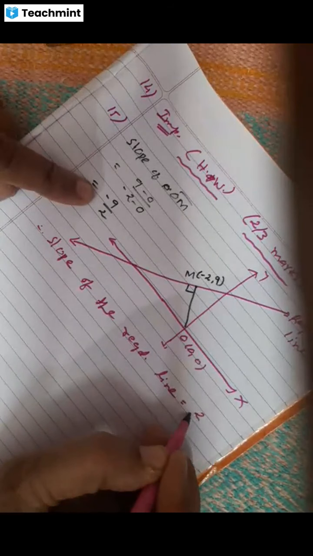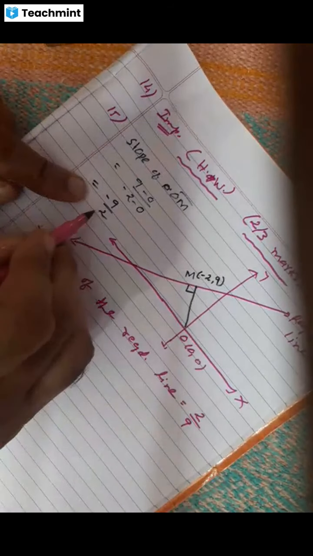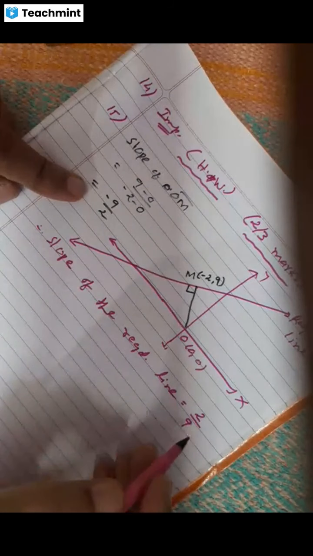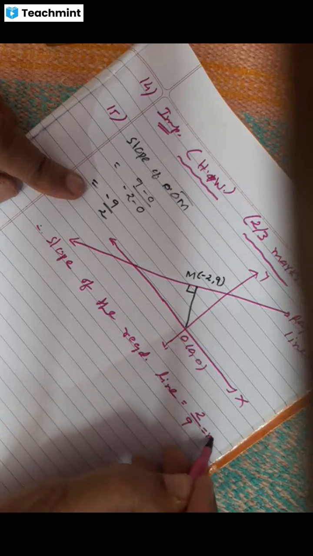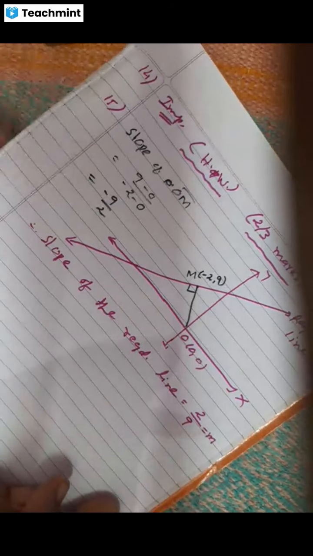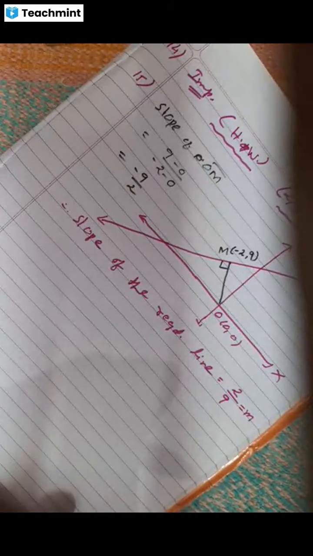It will be 2 by 9, because this is -9 by 2. And let us call this as m. ठीक है, राइट?